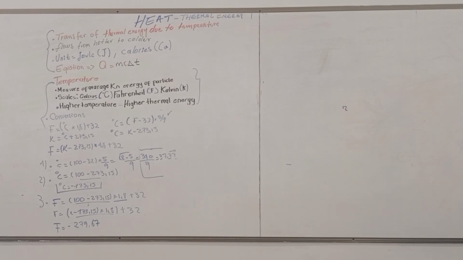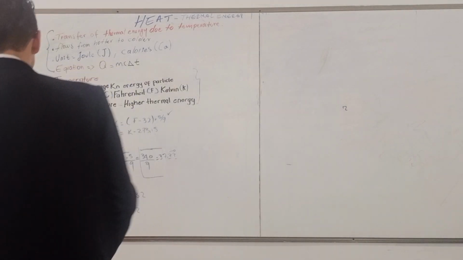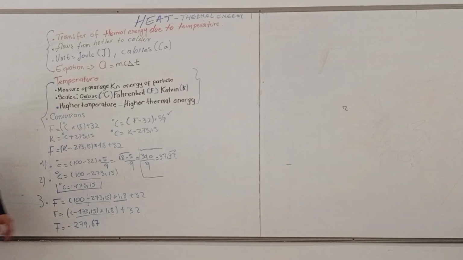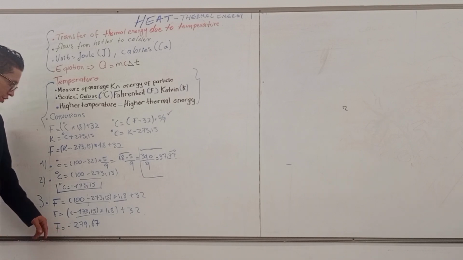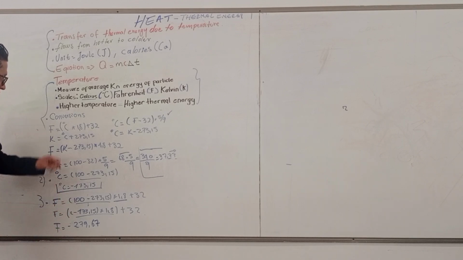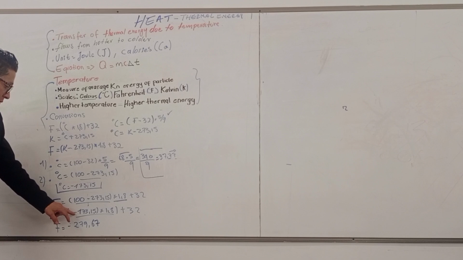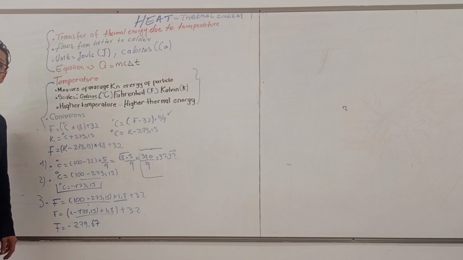We have already solved this. The answer is minus 279.67, right? Why minus? Perhaps you are wondering yourself, why minus? Because you gotta recall that the equation is Kelvin minus 273, right? 273, and here is minus 173, right?